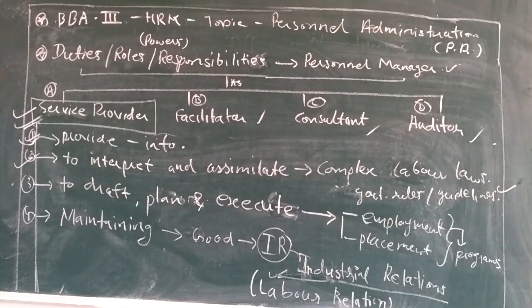The company should not be blamed by a government department authority that something is not according to rules and laws. So this role is very important for the personnel manager.